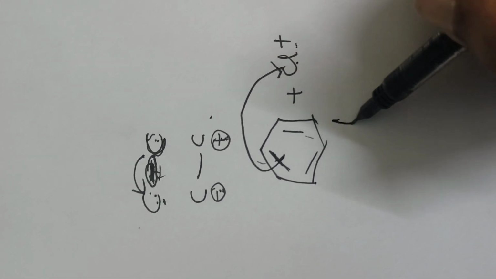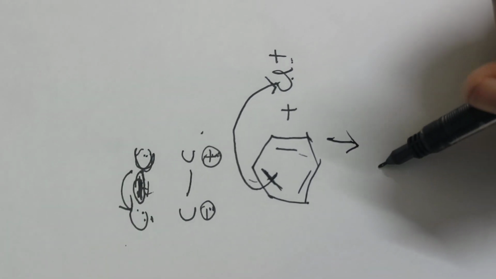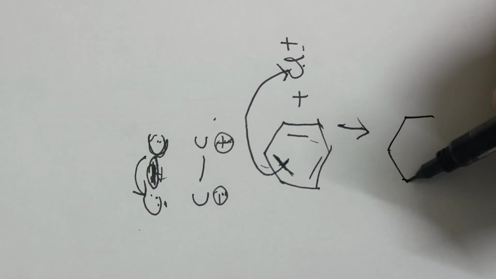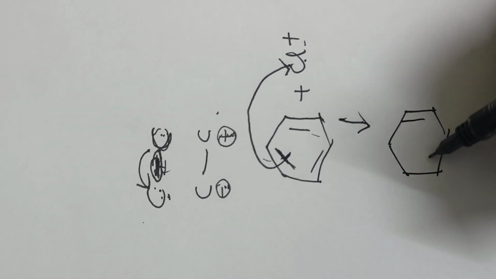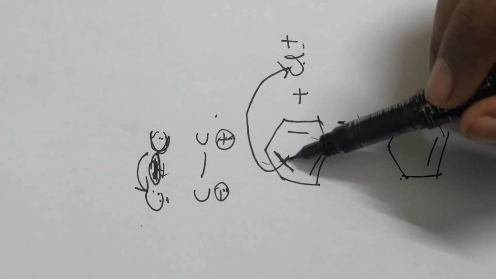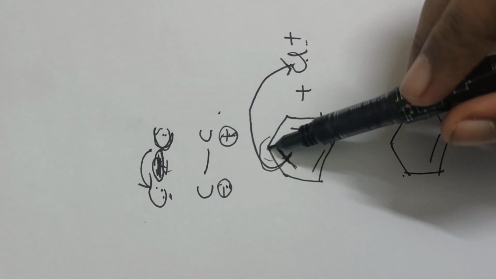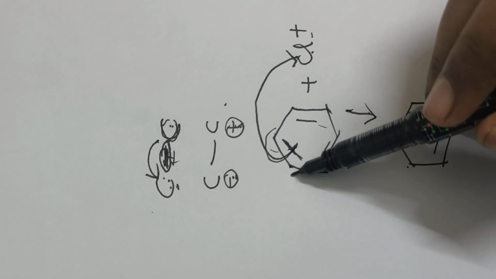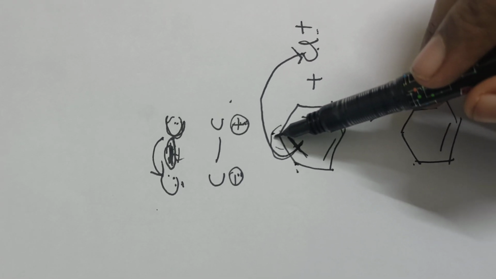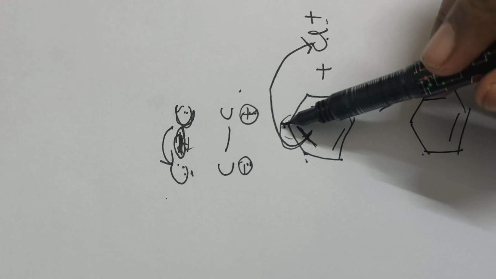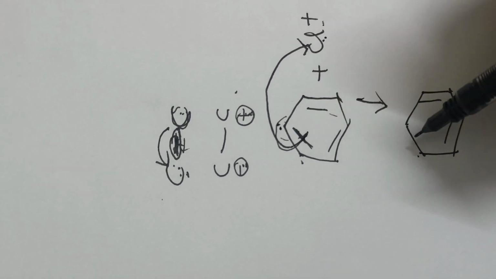So what happens here is, we do know that when this double bond shifts, one carbon will get a plus charge and one carbon will get a minus charge. So the carbon which gains the electron gives that electron to this chlorine.